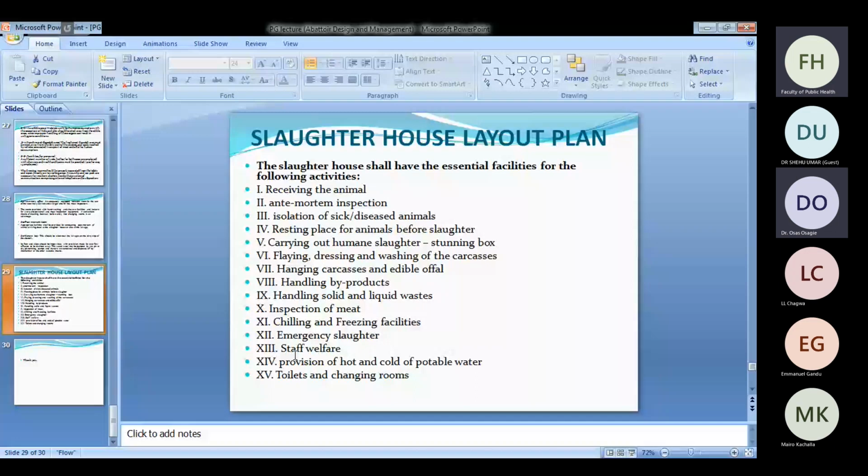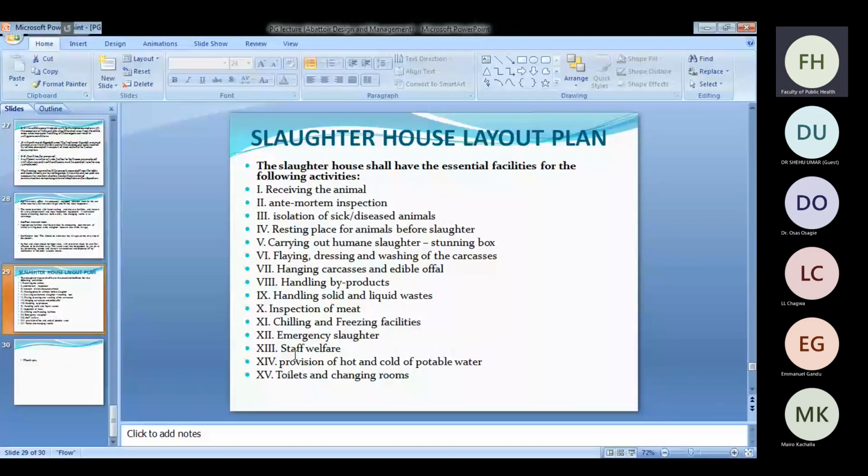Compare it with what is obtainable in abattoirs in your locality. That will give me feedback on areas where you want improvement to be done. Give your recommendation to the appropriate authority towards improving the state of abattoir for adequate provision of wholesome and safe meat, and also as a diagnostic tool for disease and a surveillance point for disease control.